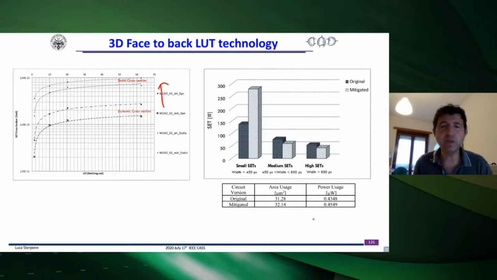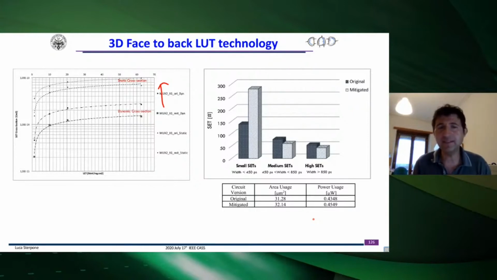There is a first application domain that is really interested in adopting these devices: the radiation facility, where you need to use specific sensors. Not in all the facilities can you use, let's say, commercial devices, because of the different levels of radiation.